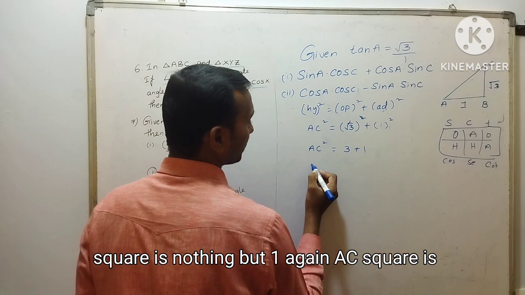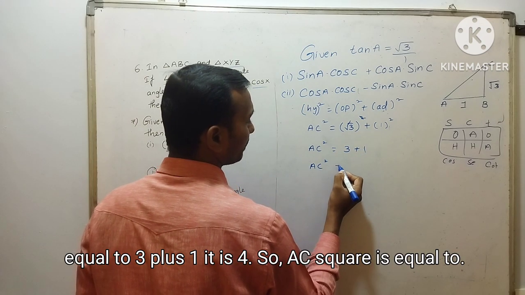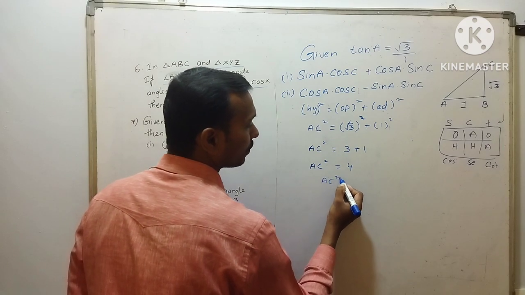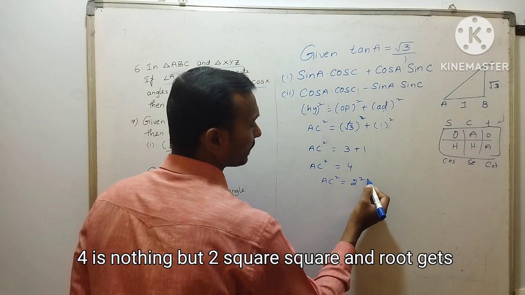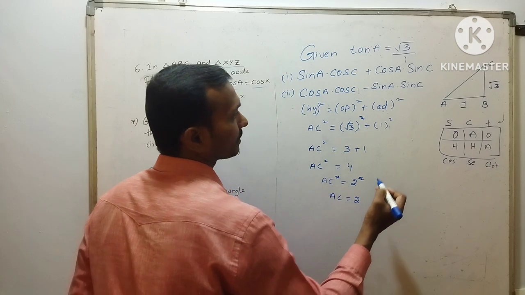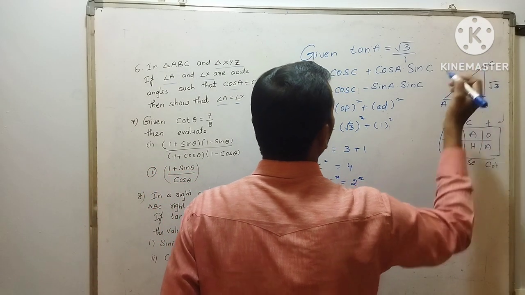So AC square is equal to 3 plus 1, it is 4. AC square is equal to 4, which is 2 square, so AC value is 2. Therefore the value of hypotenuse is 2.